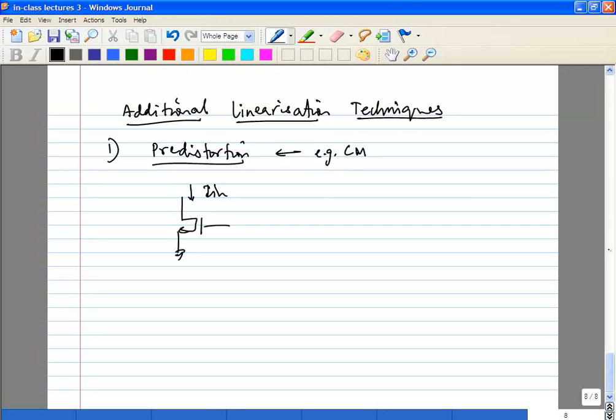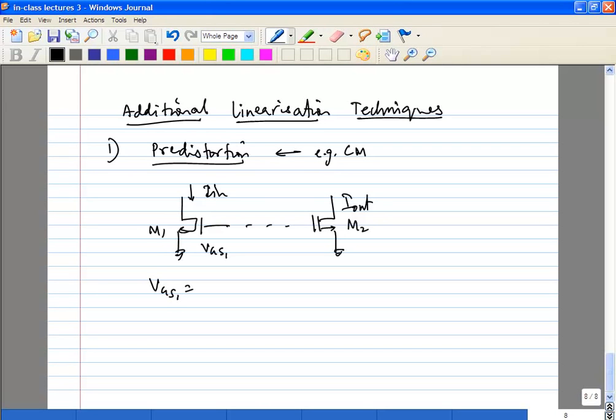You have some input current and it gets converted to a voltage, and eventually gets converted back to a current.